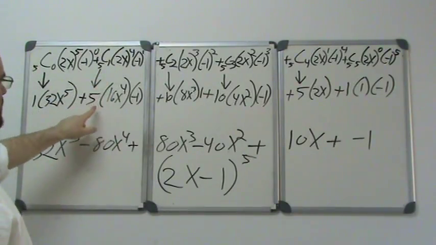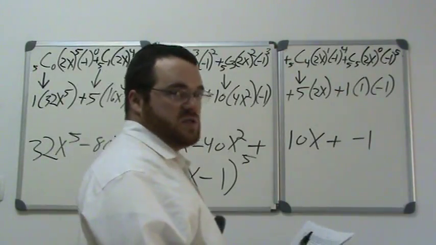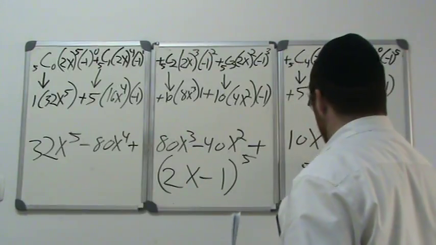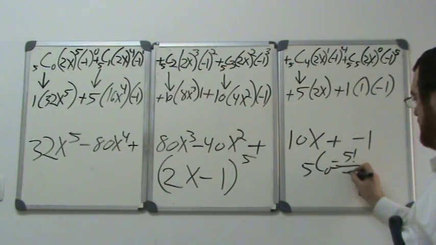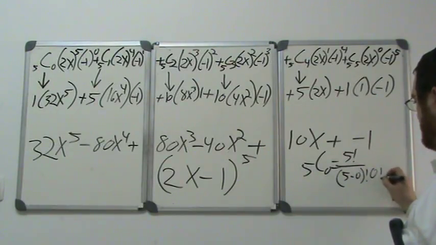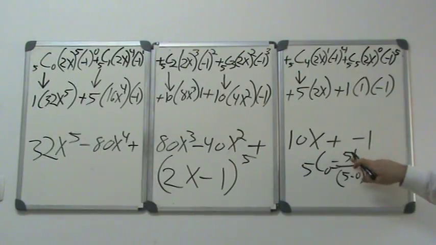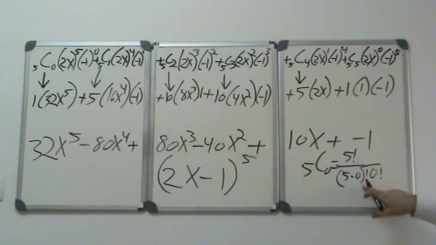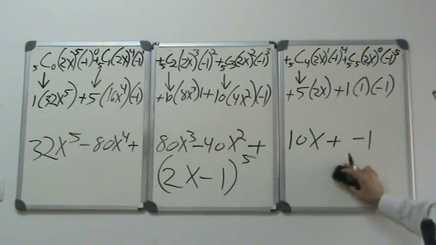Plus 5 combination 1 is... I'm just going to show you for a second what 5 combination 0 is. 5 combination 0 means 5 factorial over 5 minus 0 factorial times 0 factorial. 0 factorial is 1. So 5 factorial over 5 minus 0, 5 minus 0 is 5, and that's factorial. So 5 factorial over 5 factorial is just 1. So 5 combination 0 will equal 1.